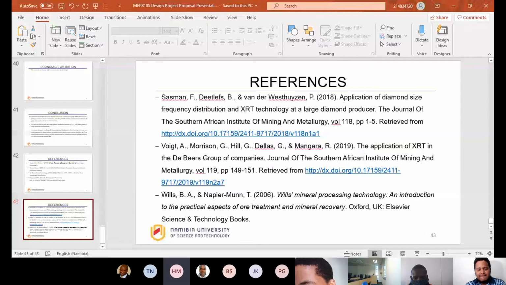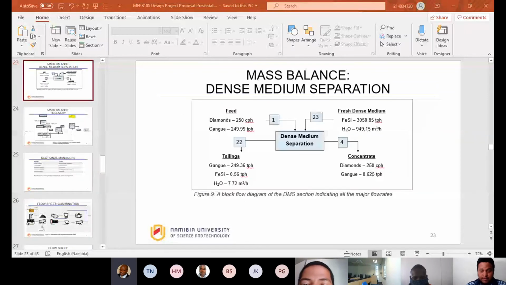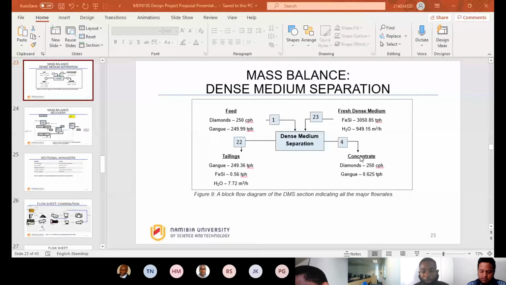Okay, then coming to your section on the environmental management. Sorry, Prof, there's one question of yours which was not answered at all: the energy balance. The energy balance will be done at a later stage, because for now it's just a proposal on how we are going about the project. Okay, all right, thank you.